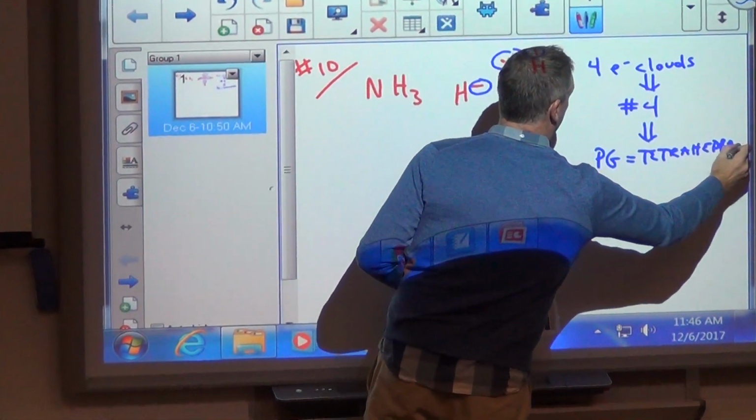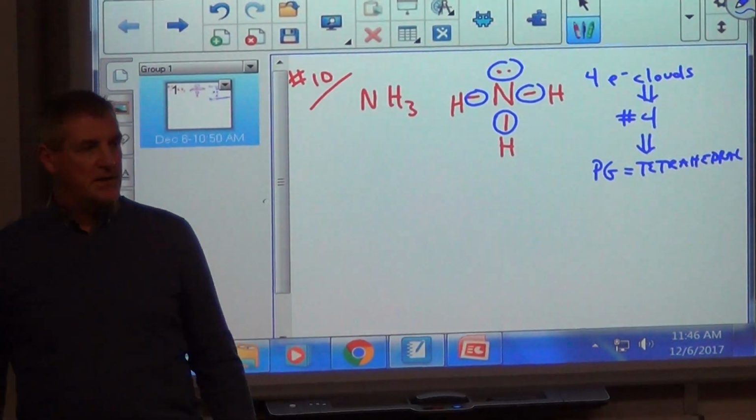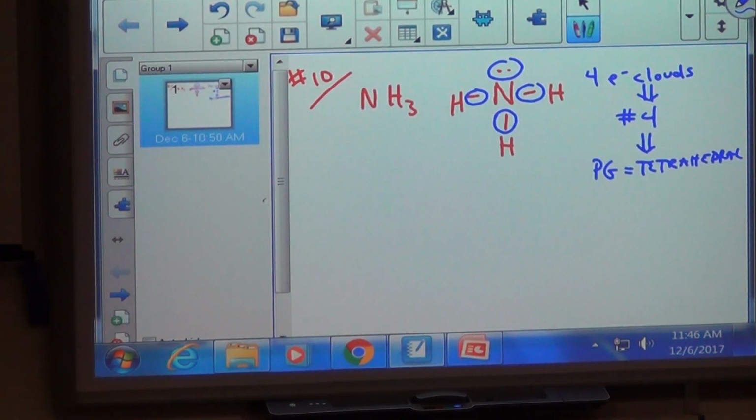If there are no lone pairs, if all the electron clouds are a result of bonding pairs, then your parent geometry and your shape are going to be the same. But as we just showed you as we went through some of these diagrams, as you go down the column with the parent geometry, as we had lone pairs, the shape changes a little bit.